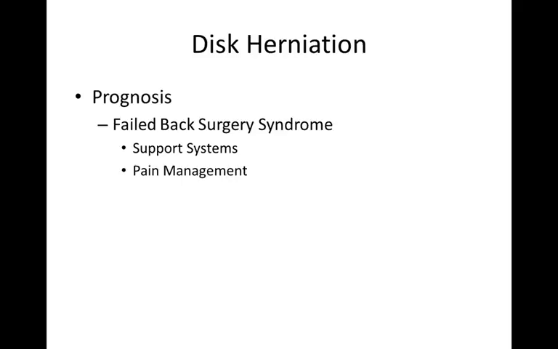This is usually a combination of several back surgeries that might have failed, along with some depression in the patient, having to have long-term pain management control. That is identified as failed back surgery syndrome, but it's usually a combination. These patients will need long-term pain management and a support system because of the depression that can occur with it.